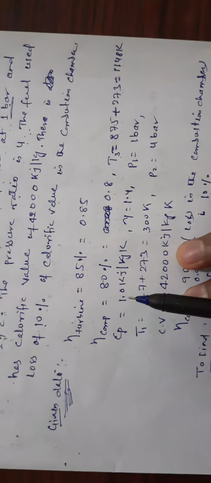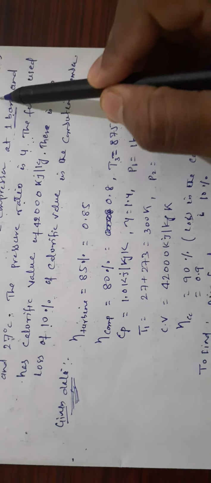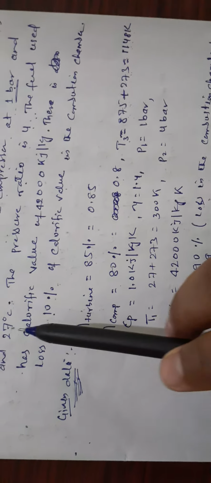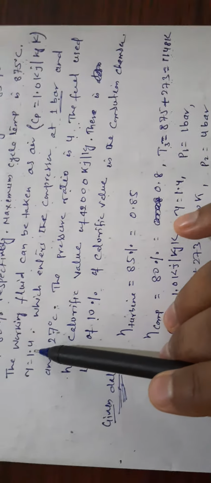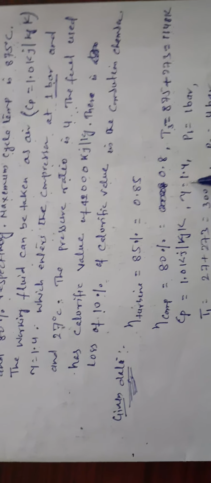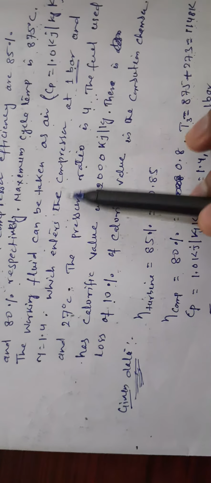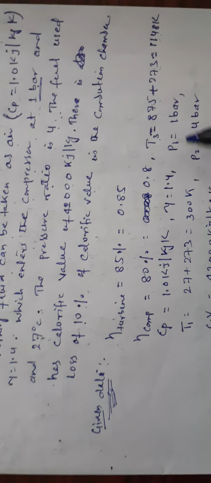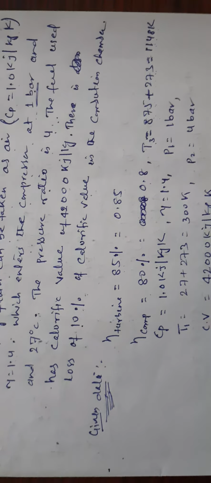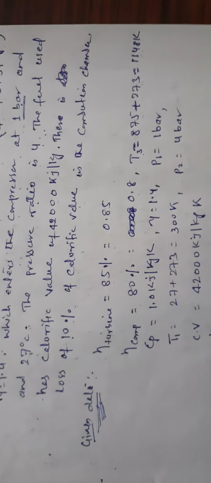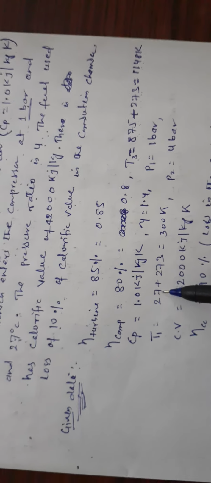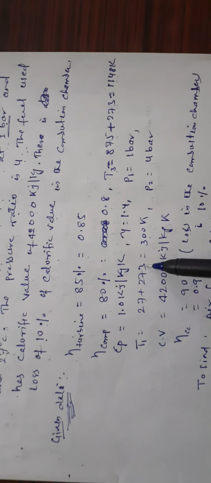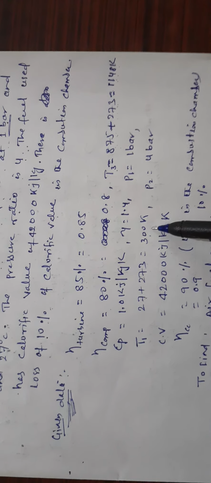Next, Cp is given as 1.0 kilojoule per kg Kelvin, and the gamma value is 1.4. The gas enters the compressor at pressure P1 equal to 1 bar, and the temperature T1 is 27 degrees Celsius, which converts to 300 Kelvin.